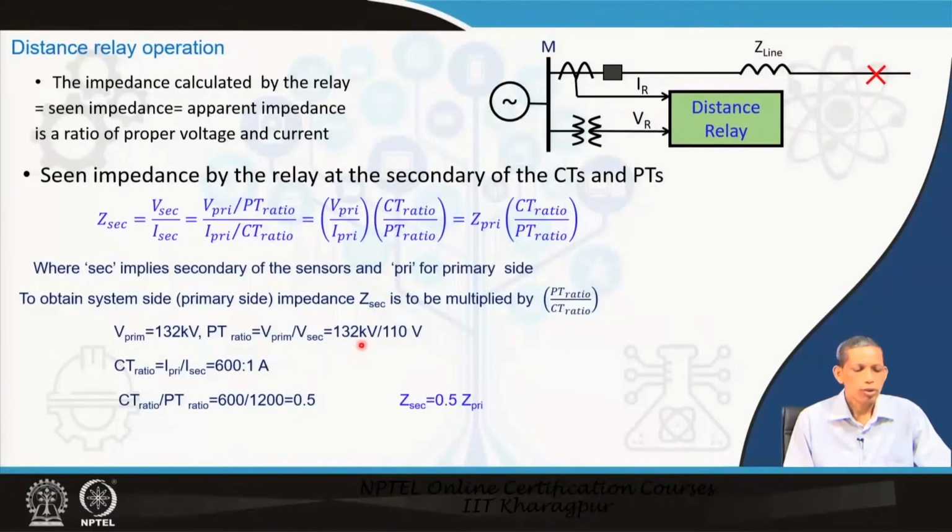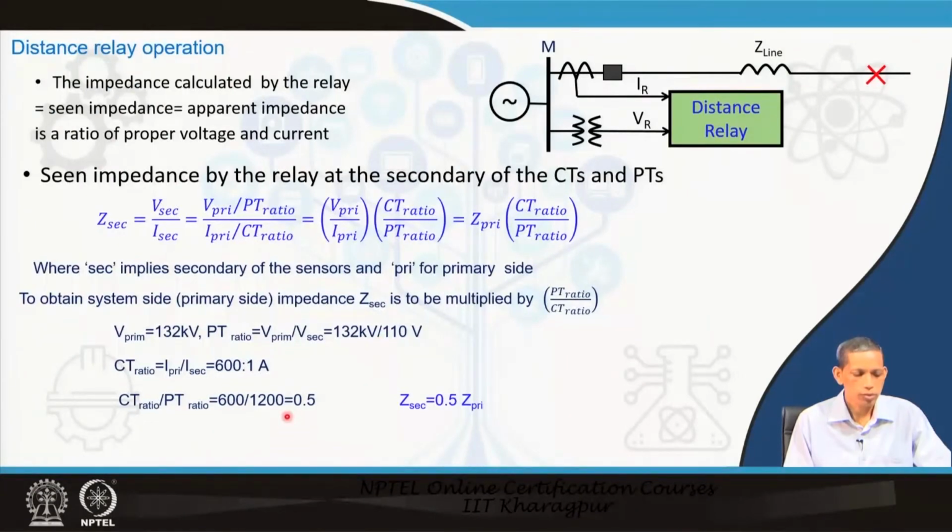Now, this ratio 132 by 110 is the PT ratio. The PT scales down the voltage to such a level. The CT ratio, let us say for this application, is 600:1, so a 1 ampere CT or 5 ampere CT as per availability. So, CT ratio by PT ratio here is 600 divided by 1200.